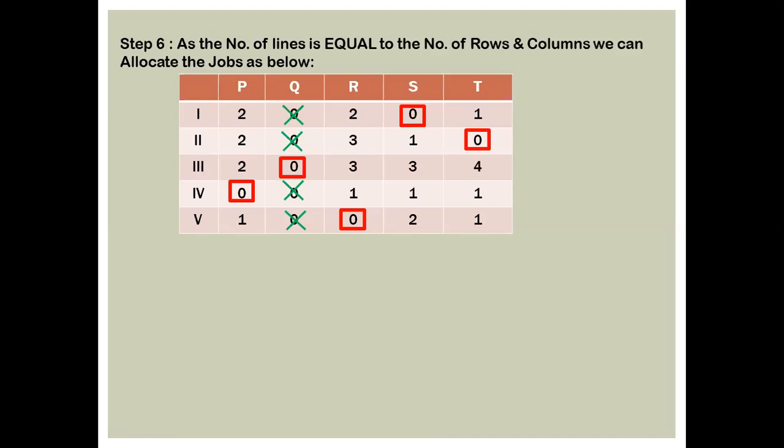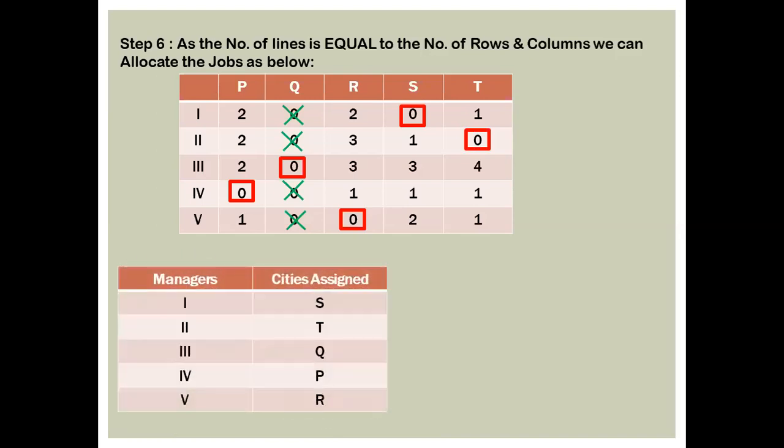Has each particular worker received one particular job? Correct. So our assignment table will look like this. Each manager is assigned each particular city. So 1 is given S, 2 is given T, 3 is given Q, 4 is given P, and 5 is given R.